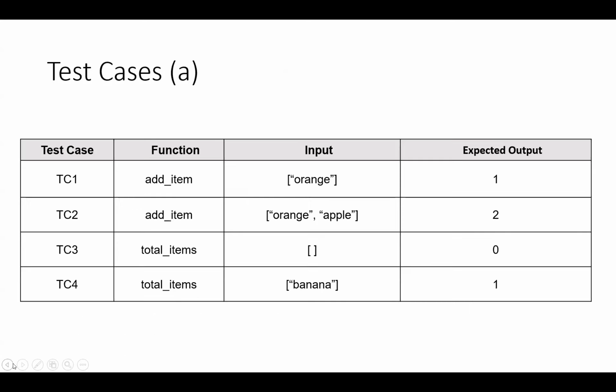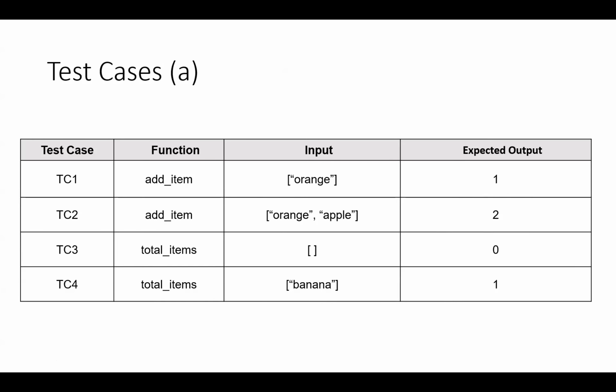So after adding the orange, we are going to test the length of the cart to see if it has 1 item. That's why the expected output is 1. And if we have a cart with the orange and the apple, then we're going to have an expected output of 2, because we're going to check the length of the cart.